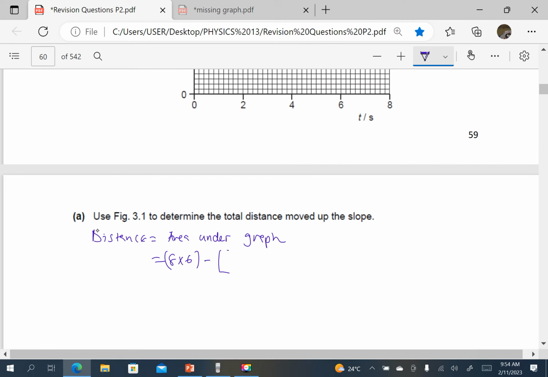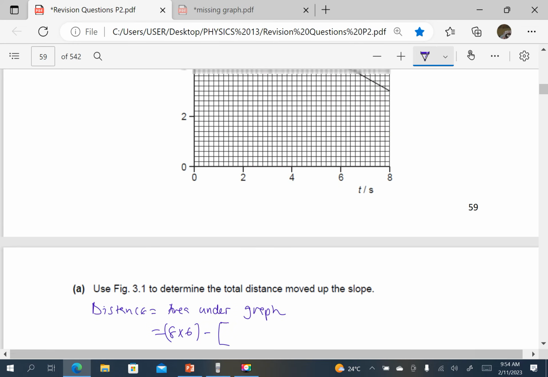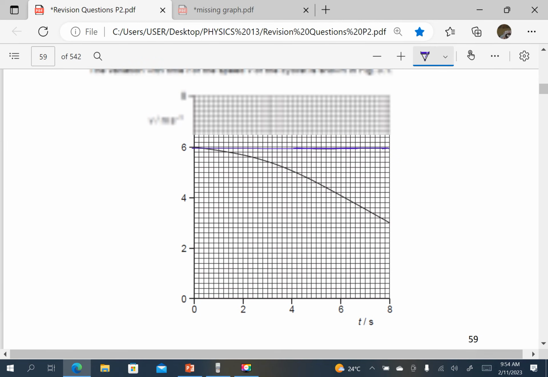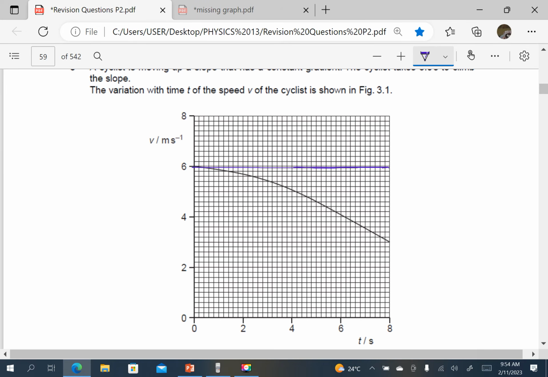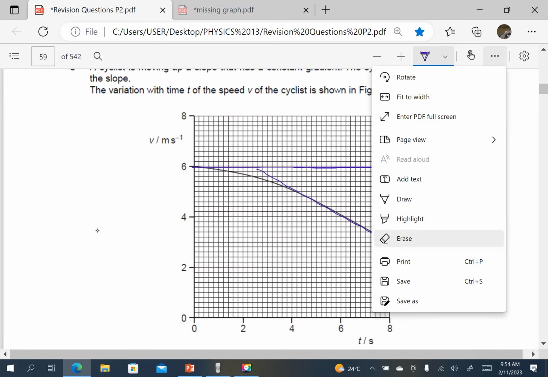Now I will subtract the other part above the graph. So I can draw a tangent or a line here, which removes a triangle.